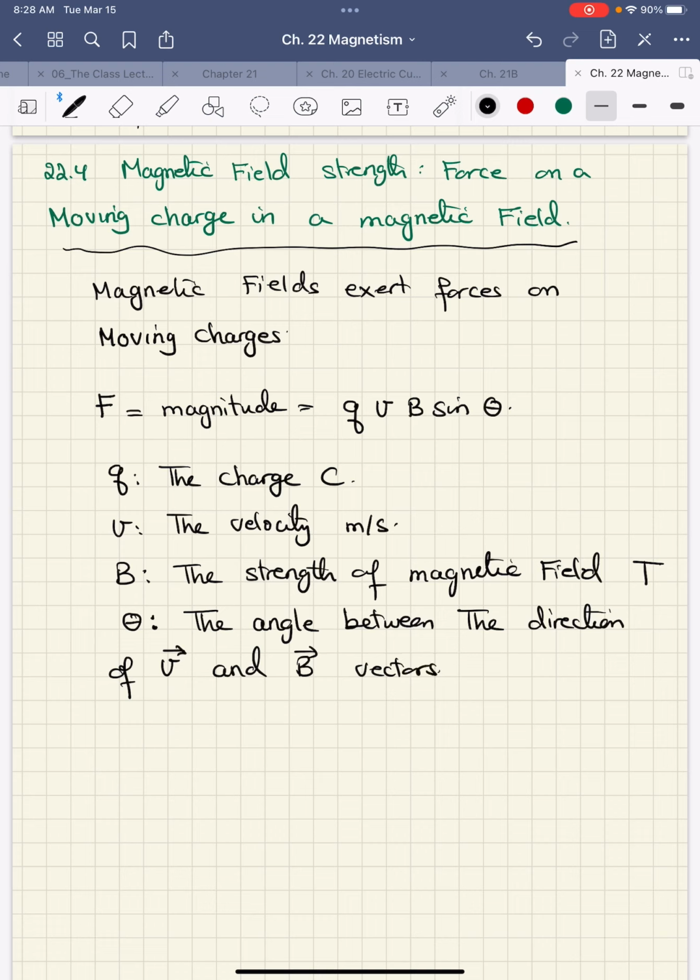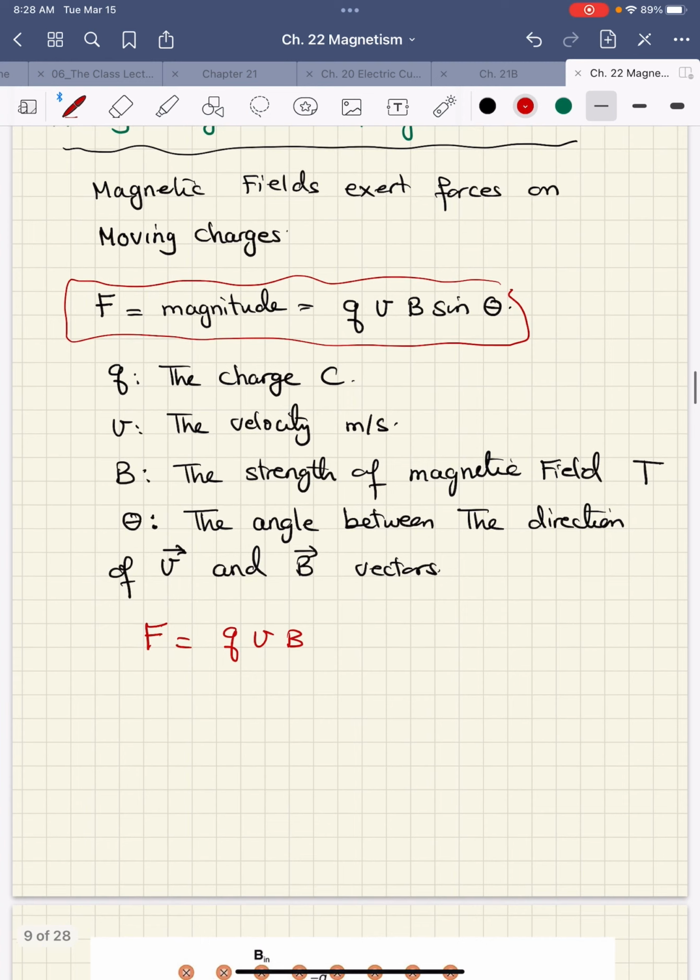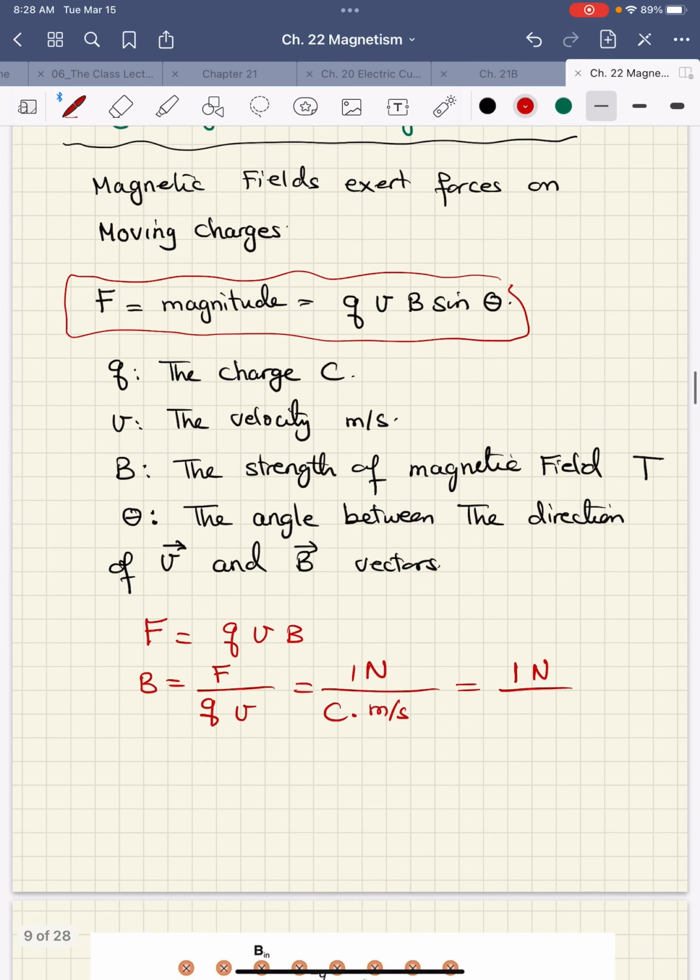All right, I want to use this equation to calculate the value of a Tesla. I'm going to use it without the sine. B is F over QV, and that is 1 Newton over Coulomb times meters per second, for speed or velocity. This is 1 Newton over, and we know that Coulomb per second is ampere, so ampere times meters.